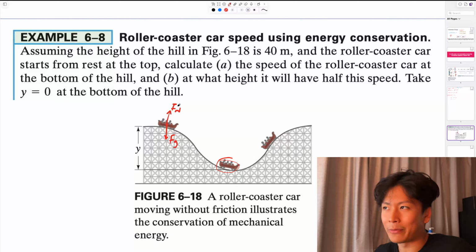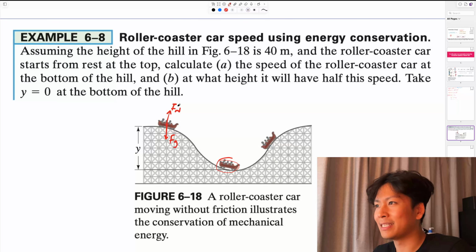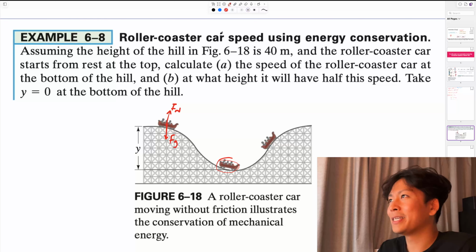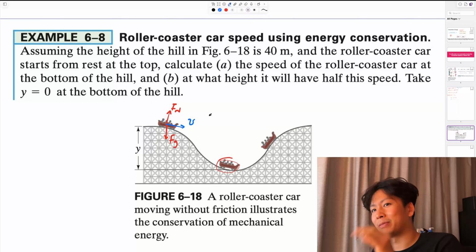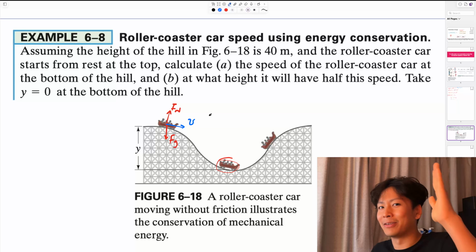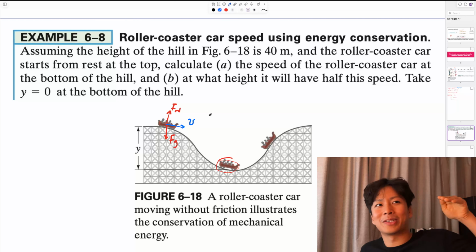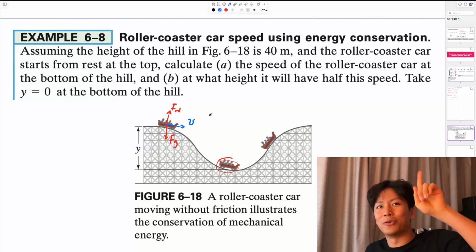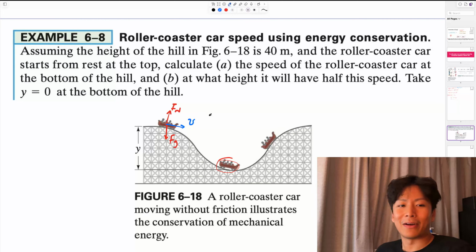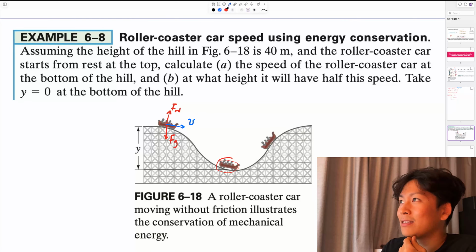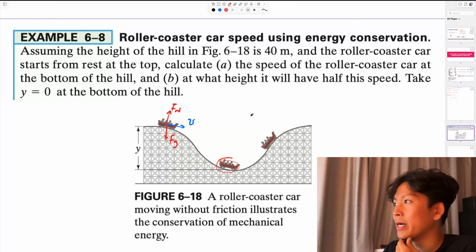Well, the reason we can do that is because normal force, in this situation, is always acting perpendicular to my velocity. Velocity is always going to be perpendicular to normal force because that's just how tracks and roller coasters work, right? Hopefully you're not flying out of the track. So your velocity is always going to be parallel to the track, and your normal force is always going to be perpendicular to the track. And so that means that in this situation, the normal force actually does no work.